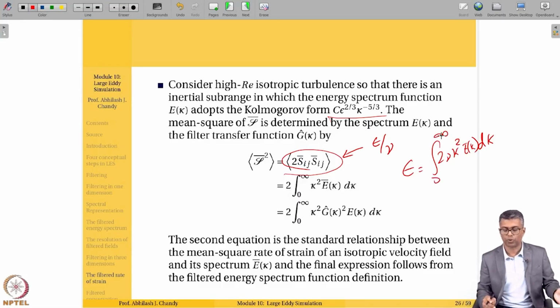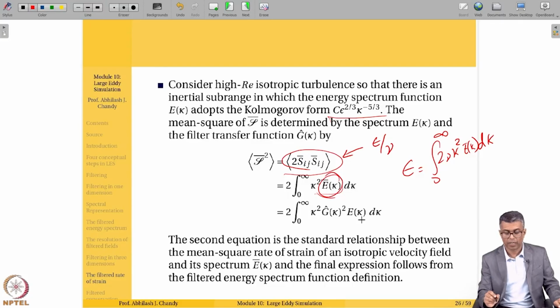This was the dissipation. So now you divide by nu, and then this is what you get: 2 times the integral from 0 to infinity of kappa squared E bar of kappa d kappa. So then what you have is 2 times 0 to infinity, and instead of this filtered energy spectrum, I will write this as kappa squared g hat of kappa squared times E of kappa.